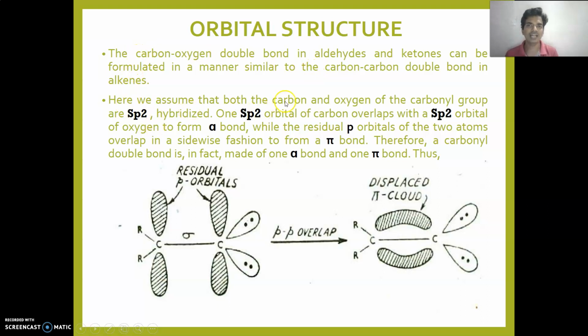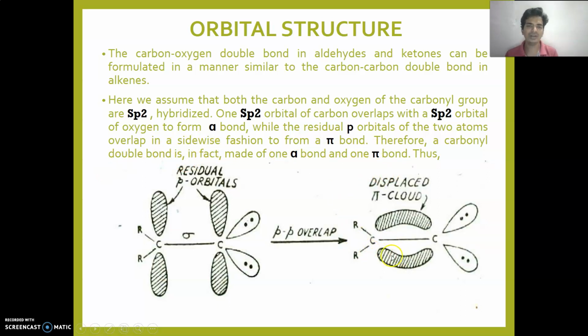Here we assume that both carbon and oxygen of the carbonyl group are in sp2 hybridized form. So one sp2 hybridized orbital of carbon overlaps with another sp2 hybridized orbital of the oxygen and forms a sigma bond, while the residual p orbitals, the remaining p orbitals, overlap with each other and form a pi bond.